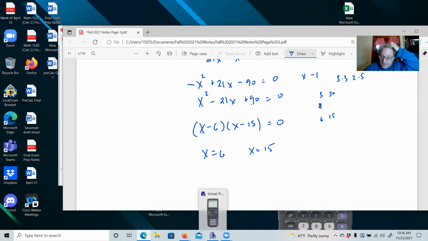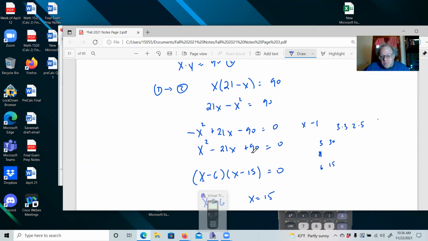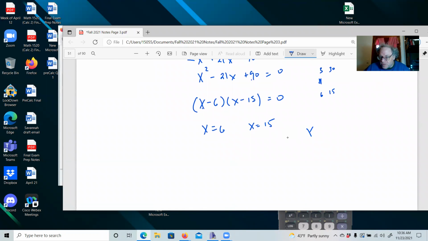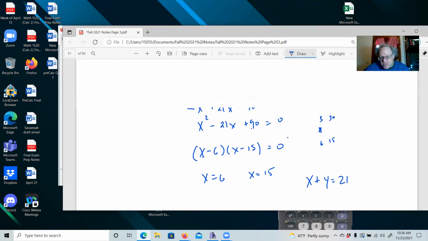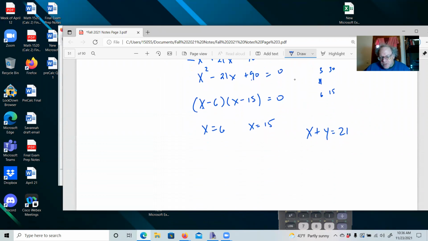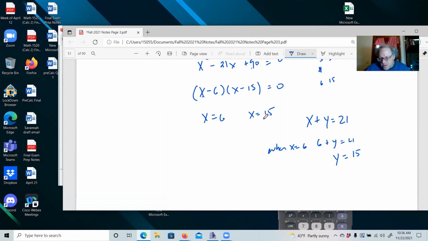Then pick any of your equations. We're going to use x plus y equals 21. When x equals 6, we have 6 plus y equals 21, so y is equal to 15.